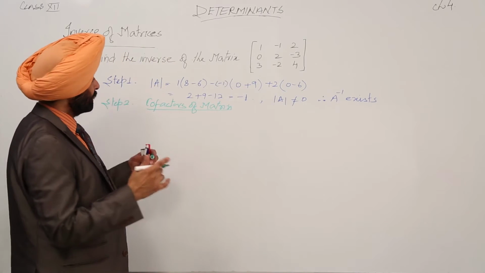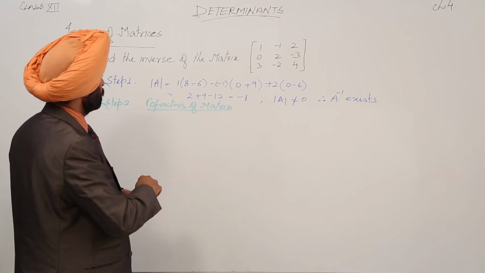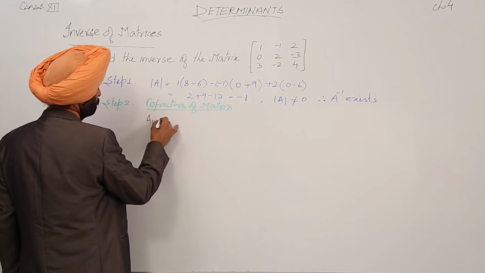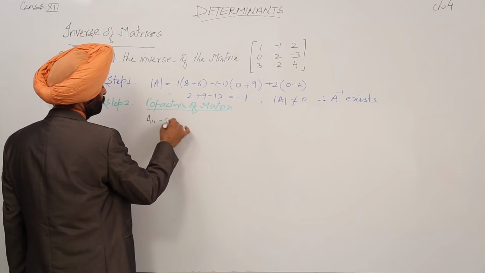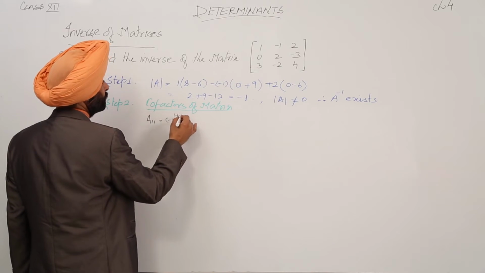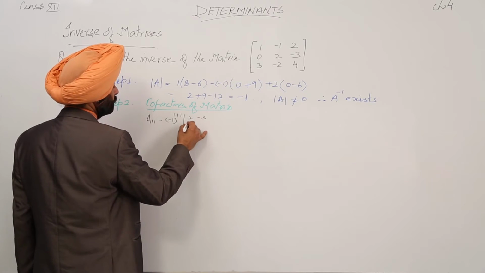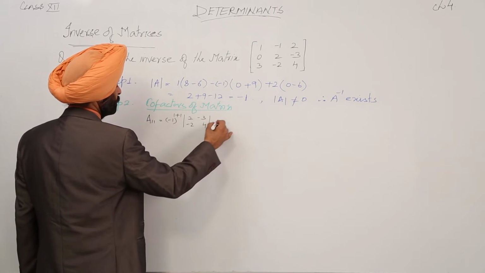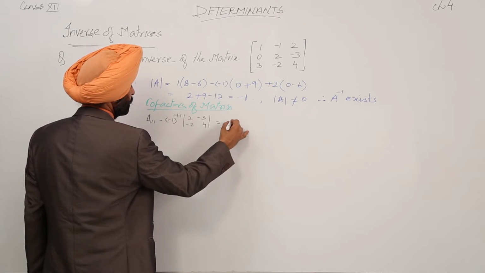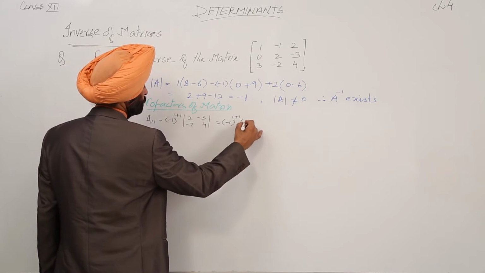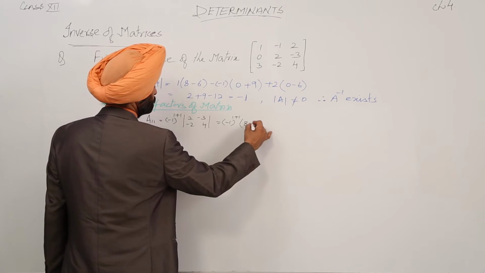Okay, so now let's start with finding the cofactors. First one, A11 is equal to minus 1 raised to power 1 plus 1 with (2 minus 3, minus 2 4), and this becomes minus 1 raised to power 1 plus 1 with 8 minus 6.